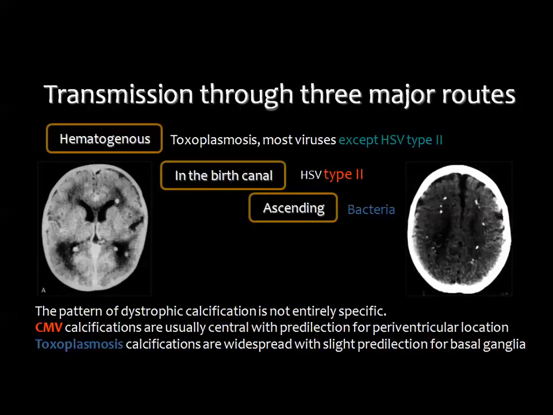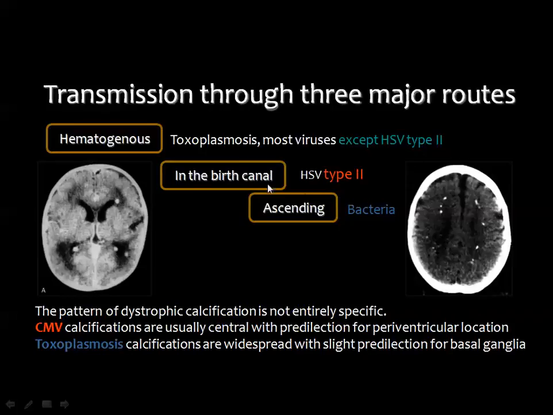Then these are the ways of transmission of the congenital intracranial infection. Number one is the bloodstream or the hematogenous route, and this will be the route for Toxoplasma and most of the viruses except the herpes simplex type 2.